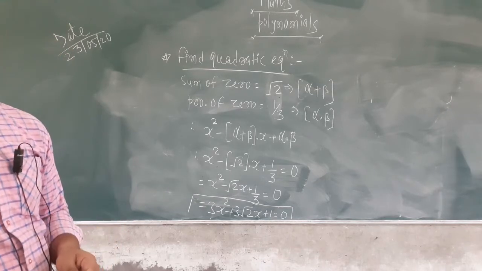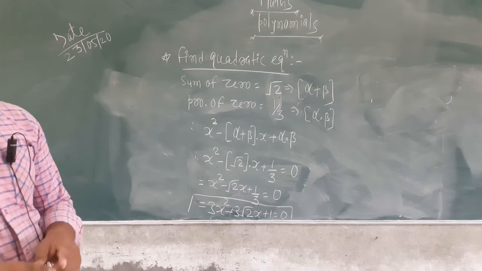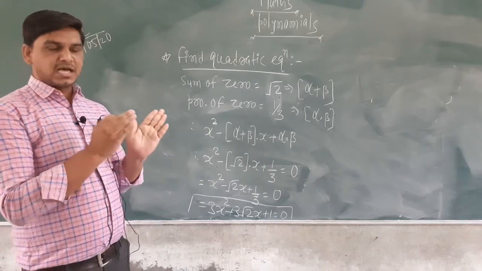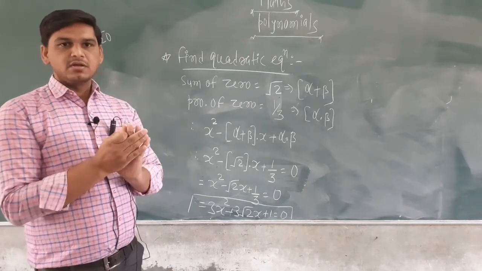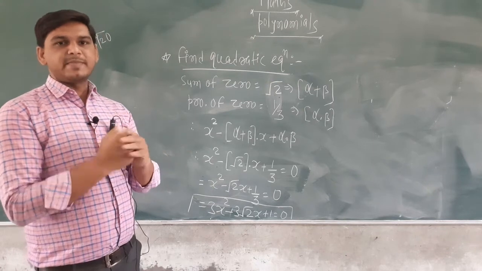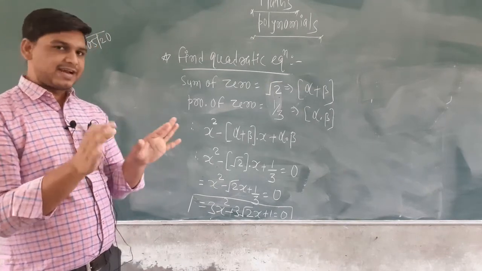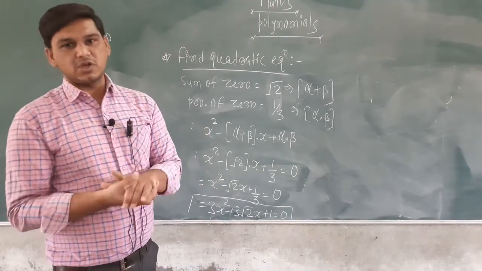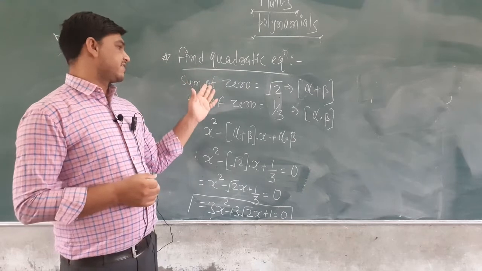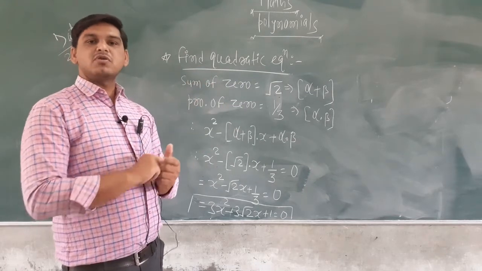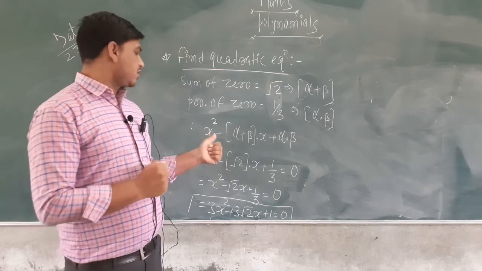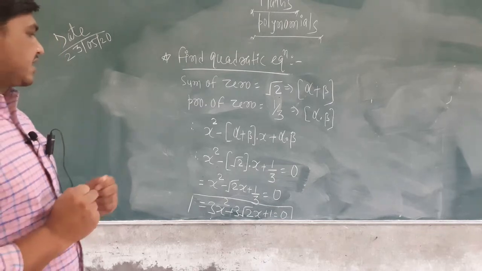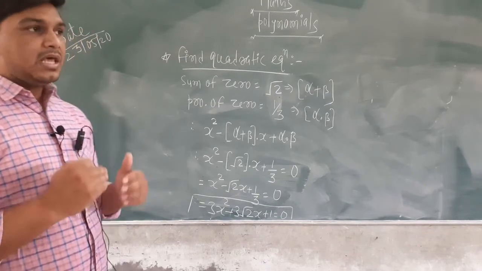Today we discussed how to find the sum of zeros, how to find the product of zeros, and the relation between coefficients and zeros. We also discussed that if the sum of zeros and product of zeros is given, we can find the quadratic equation by applying the method x square minus (alpha plus beta) into x plus alpha into beta.